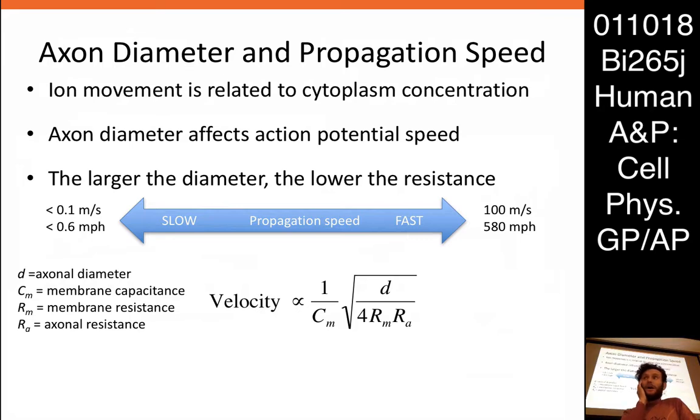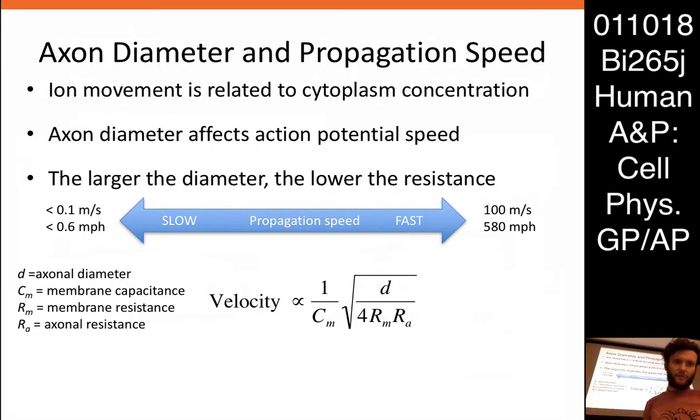All right, so capacitance is the ability of something to hold electrical charge. How much electrical charge can be stored in an object? It's related to the dielectric constant of a substance, and it turns out that fat has a high dielectric. So also related to membrane resistance and axonal resistance.